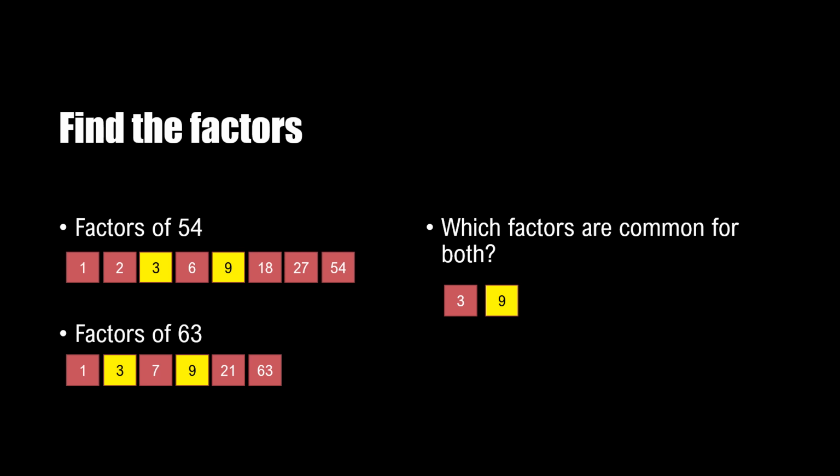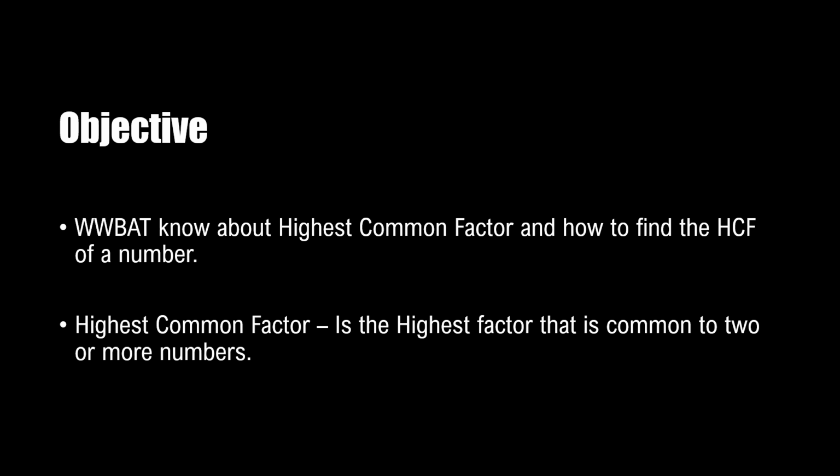So that is the answer. But we shall try to find out what is an easy way of doing this. Our objective today in class is we will be able to know about highest common factor and how to find the HCF of a number.